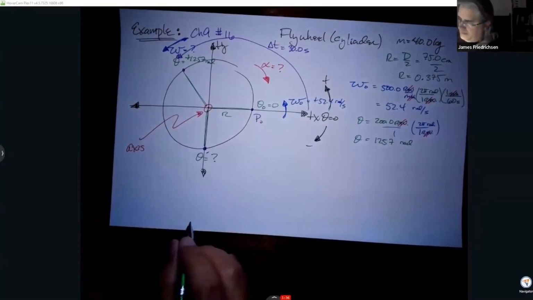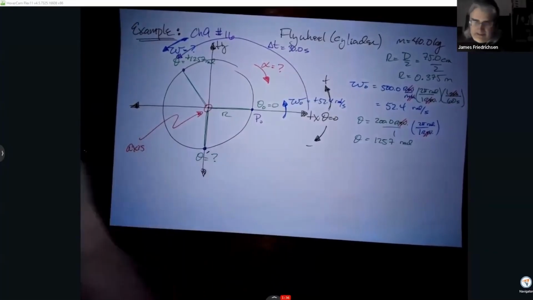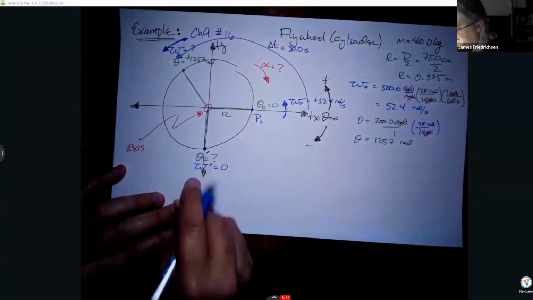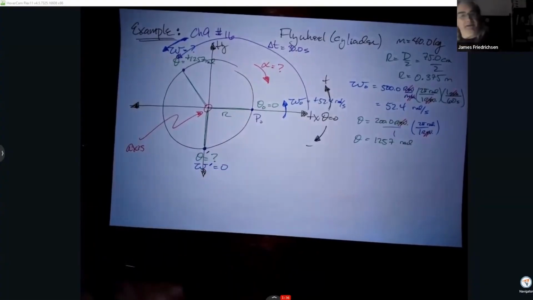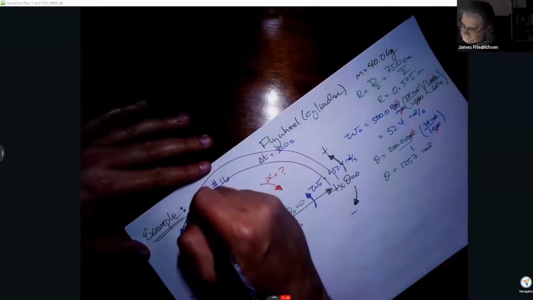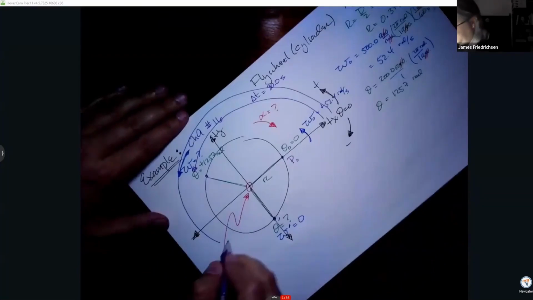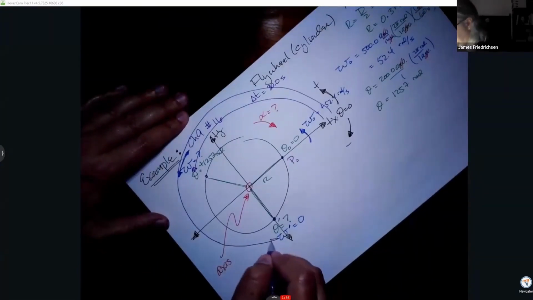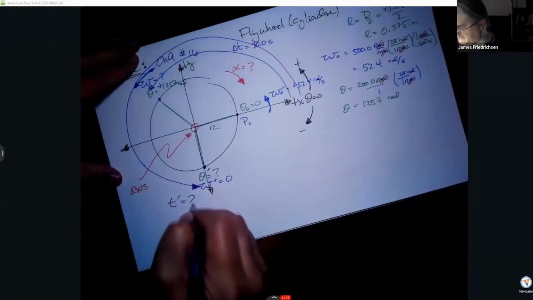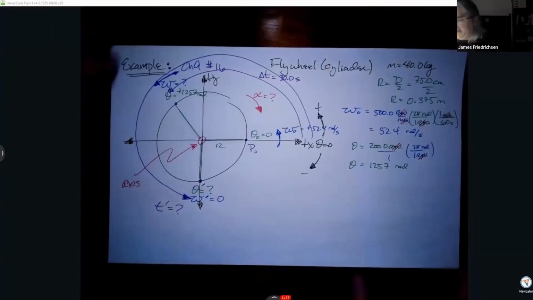Maybe I'll put a little prime on that theta. But what we do know is that our angular speed or the angular velocity is going to be 0. Okay. And they wanted to know how long did it take to come to a complete stop.